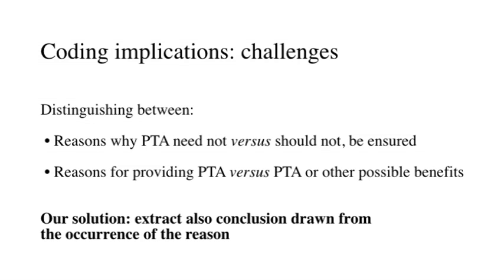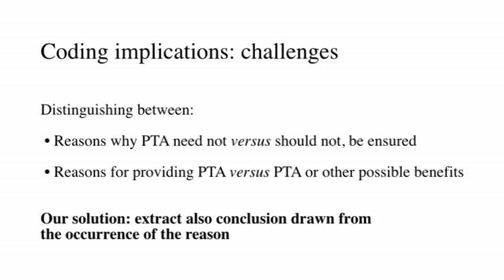The way we coded implications assigns the same code, that is, a reason against, both to reasons given why post-trial access need not be ensured and to reasons given why post-trial access should not be ensured. And it applied the same code, 1, a reason for, to reasons why post-trial access in particular should be ensured and reasons given why post-trial access or some other possible benefit should be ensured.